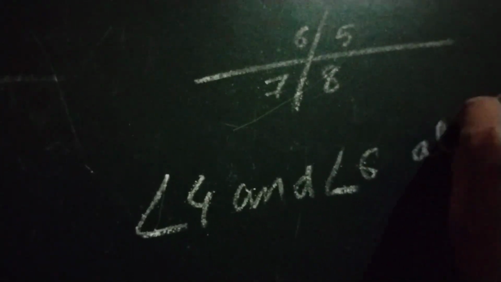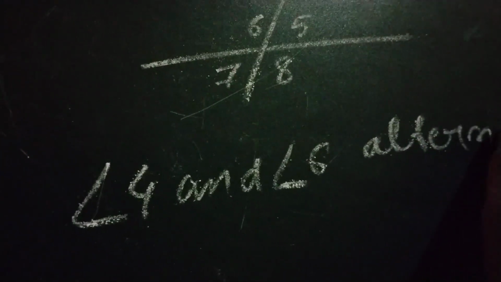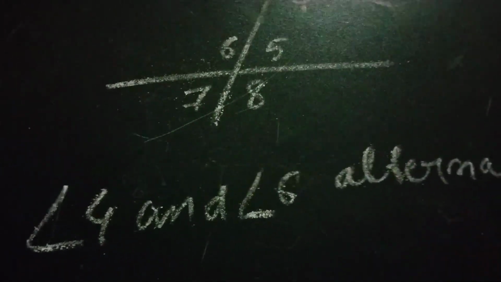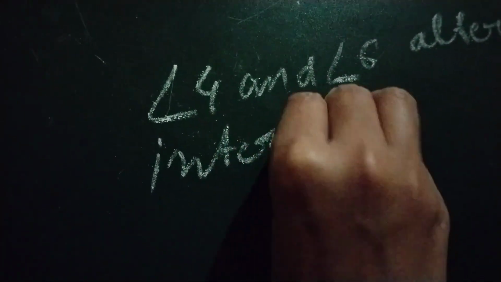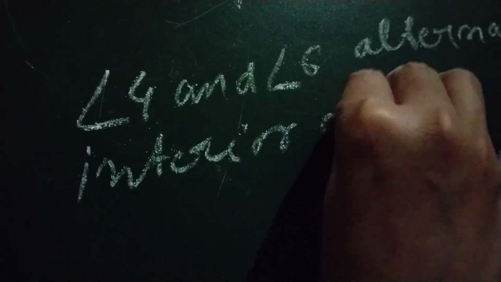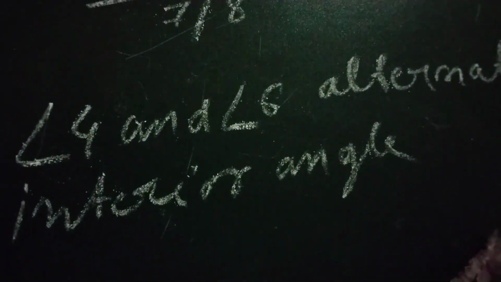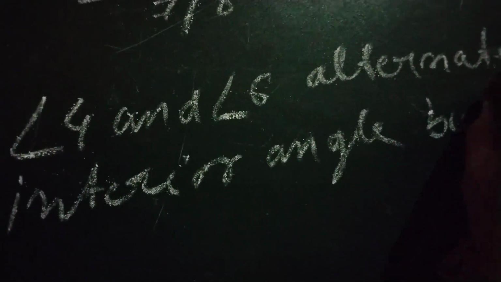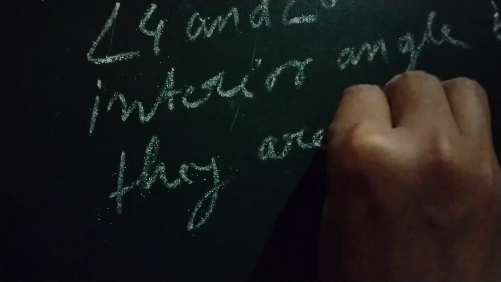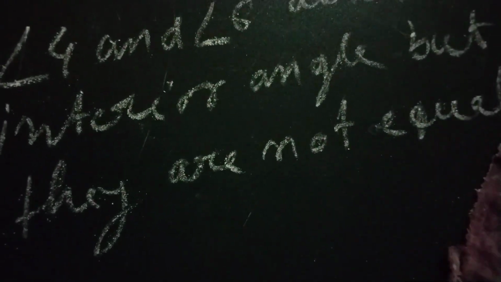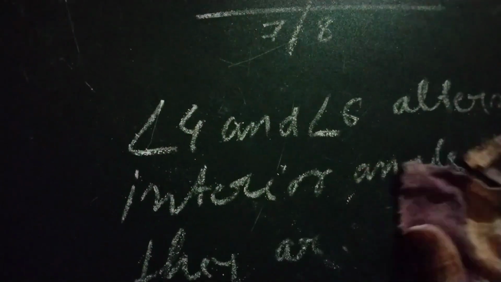These are alternate interior angles, but they are not equal. Why are they not equal? Because the line segments are not parallel.